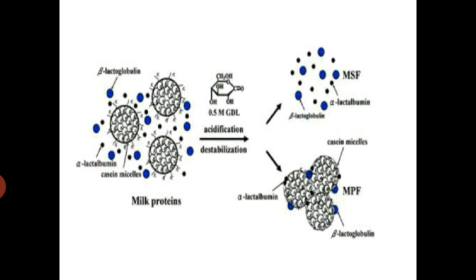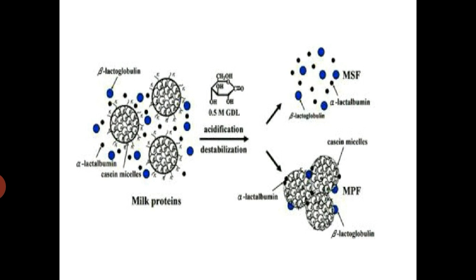This is the diagrammatic representation of how milk protein coagulation occurs. First we can see the milk proteins alpha lactalbumin, beta lactalbumin and casein micelles. It will undergo acidification in the presence of 0.5 mg/dl glucono-delta-lactone, resulting in two products, MSF and MPF.